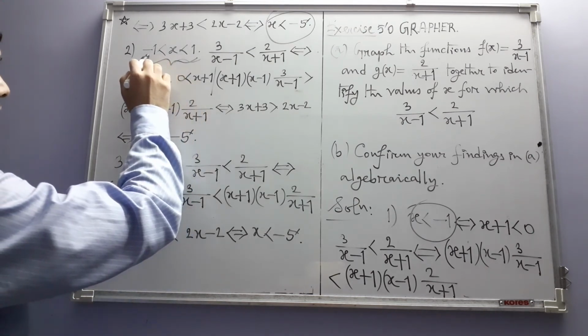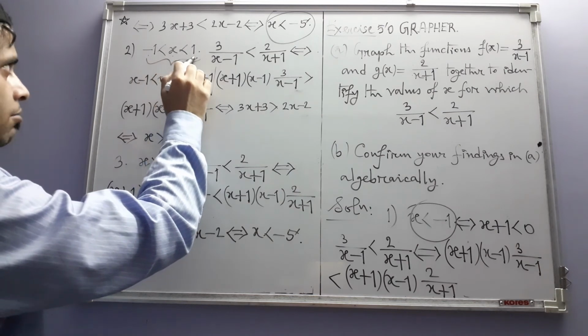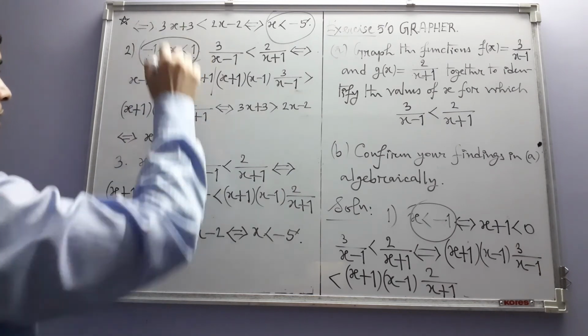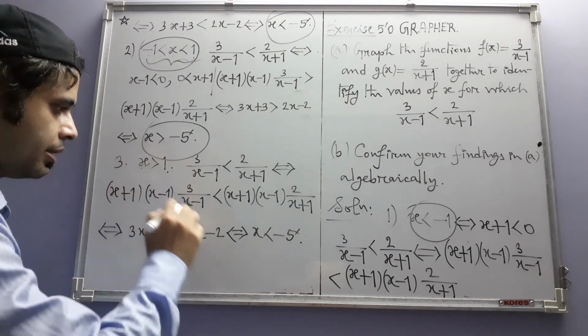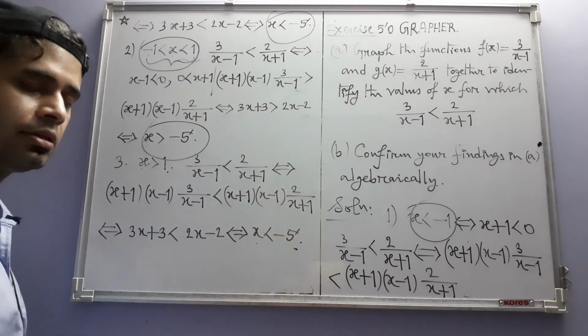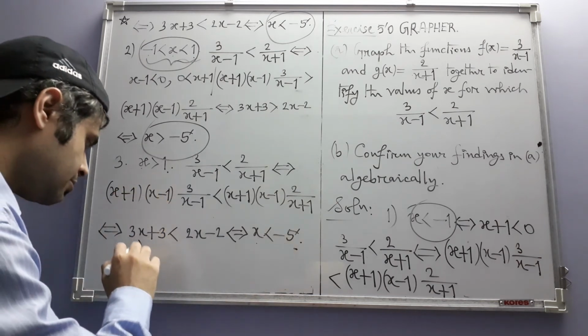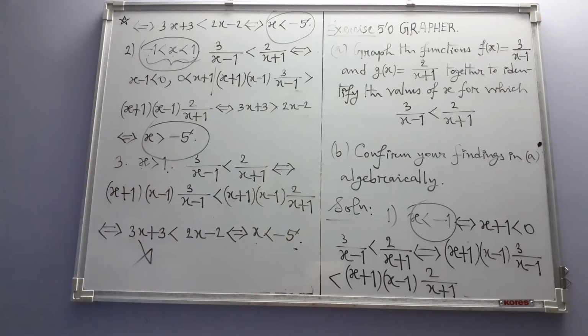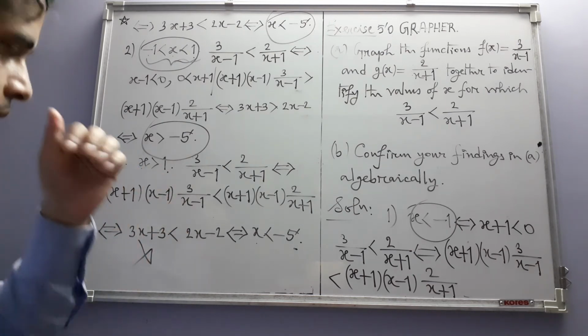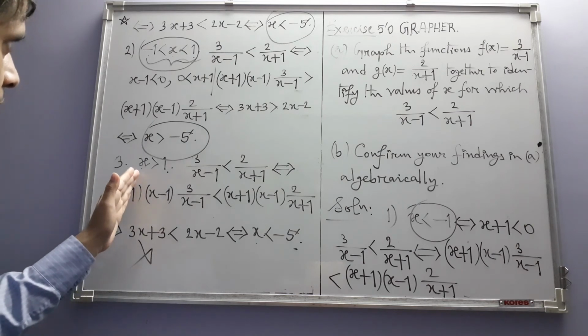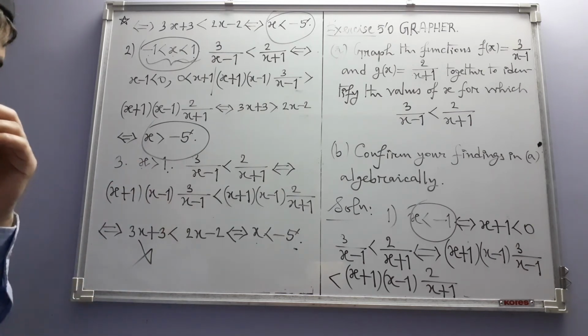If x lies between minus 1 and 1, then x has to be greater than minus 5. Okay, but if x is greater than 1, then x simultaneously cannot be less than minus 5. So this case does not arise. x cannot be greater than 1, it will always be less than 1.